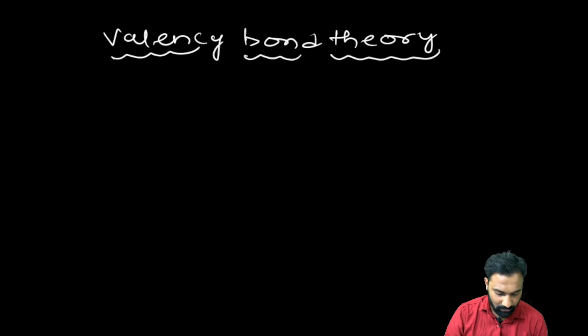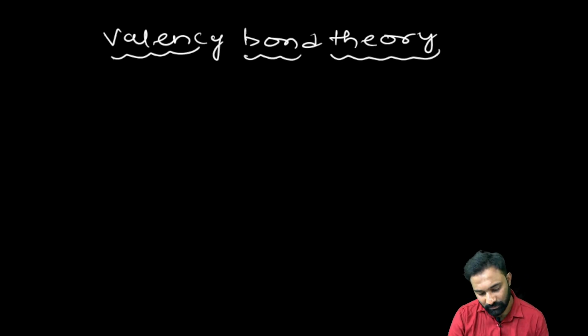First of all, Lewis dot structures have not explained in which shape the molecule is present. To study the shapes of the molecule and the difference in bond length, or how much bond length one molecule has, which Lewis has not explained, we have brought the concept of valency bond theory.